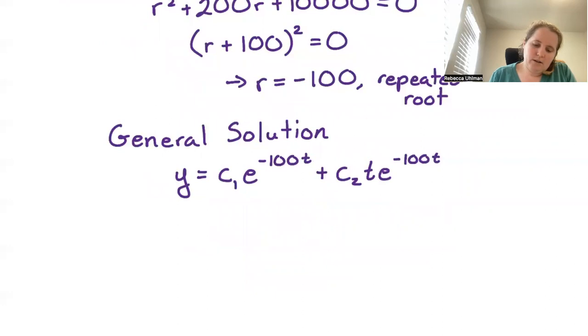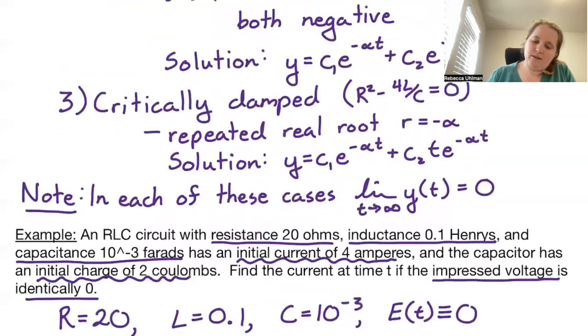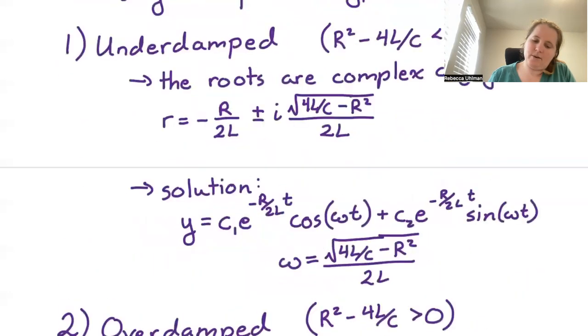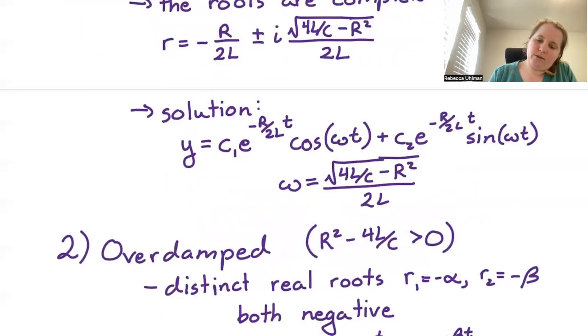And plugging in our initial conditions. Sorry, that's not y. These should be q's. I apologize. Earlier in my video as well, we're not dealing with y's, we're technically talking about q's. So all of my solutions should have been with q's.